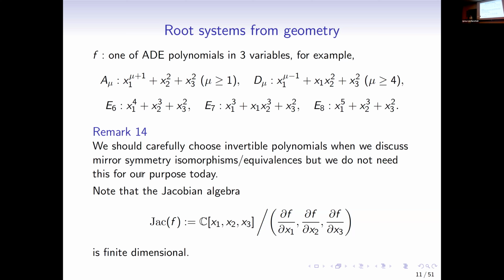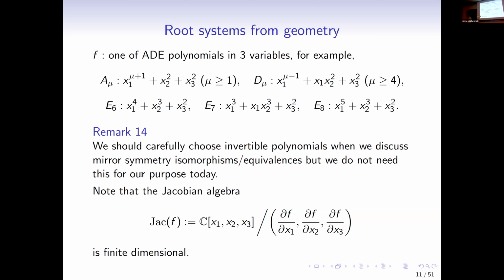I'll consider these polynomials of ADE type. Today, because we are only interested in geometry, we can choose an arbitrary polynomial defining ADE singularities. And the point is that this Jacobian algebra is true.